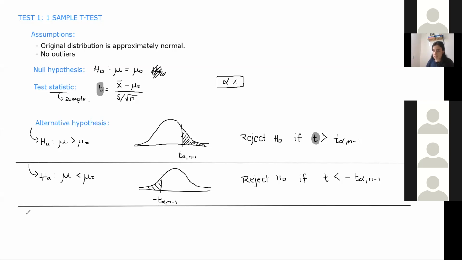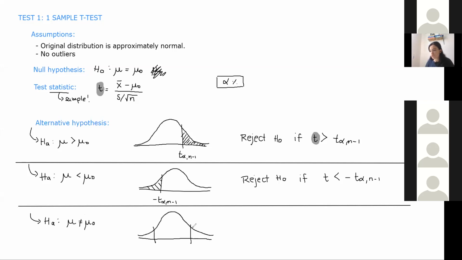Finally, the last possibility is that you're not showing that the mean is larger or smaller than a given value. You're just showing that the mean is different than a given value. So maybe, for example, you're not trying to show that pulling an all-nighter makes you better at tests. You're just showing that pulling an all-nighter makes you have a different grade than you would have normally had on a given test, in which case you're going to reject if the value is either too large or too small.